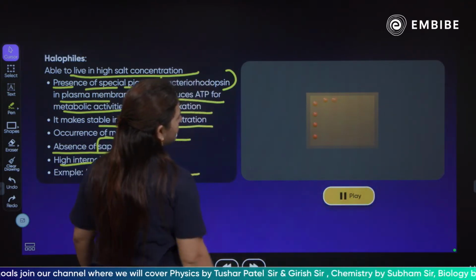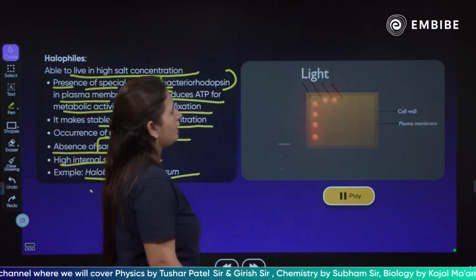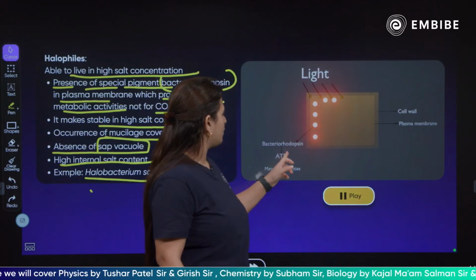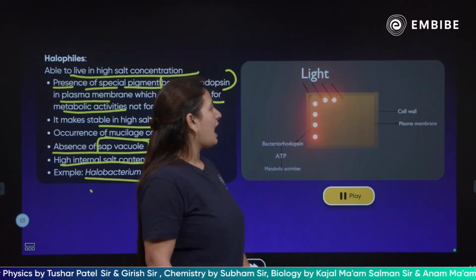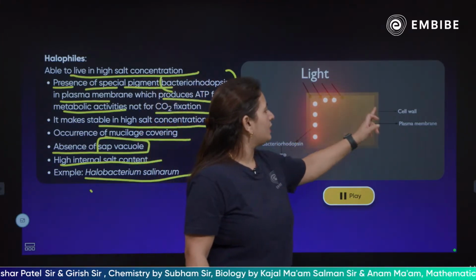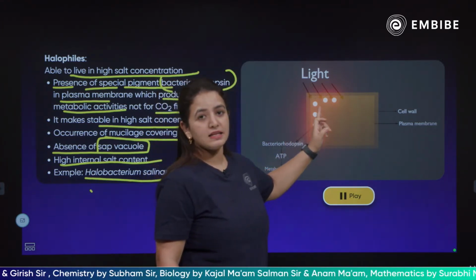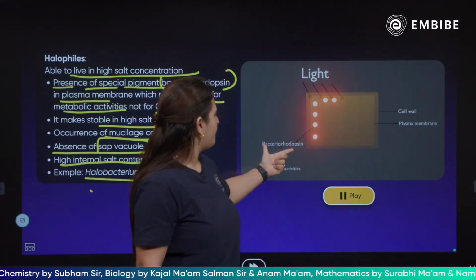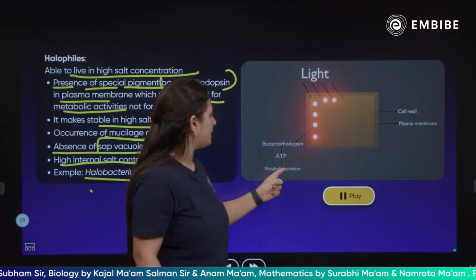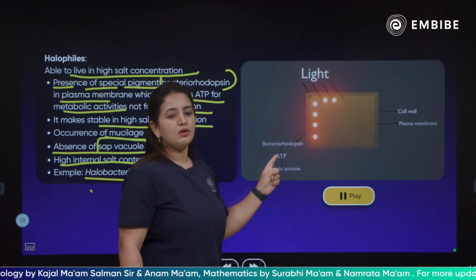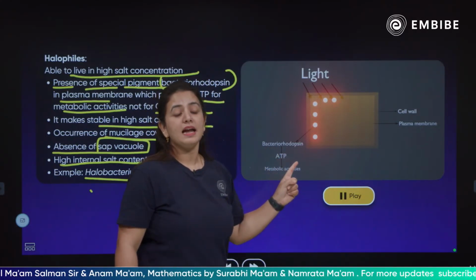As I click on this video, as you can see, this is the cell wall, plasma membrane, bacteriorhodopsin, ATP, metabolic activity. The plasma membrane has a pigment called bacteriorhodopsin, which does the metabolic activities that lead to the production of ATP.